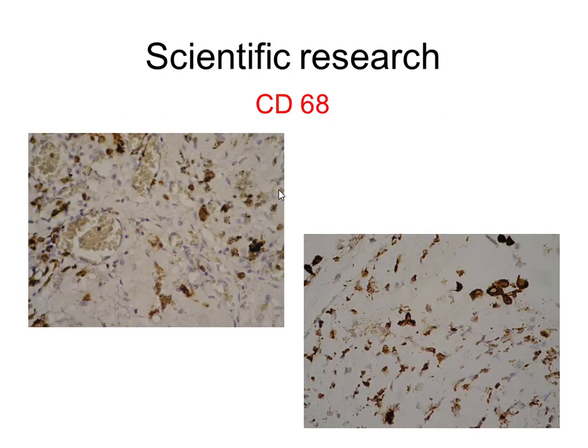Very often we use immunohistochemistry in scientific research, and here you can see our investigation of the histological and immunohistochemical structure of pelvic peritoneal adhesions. Here the staining was with CD68. CD68 is a marker of macrophages, and it's positive. A lot of positive cells were in the adhesions.